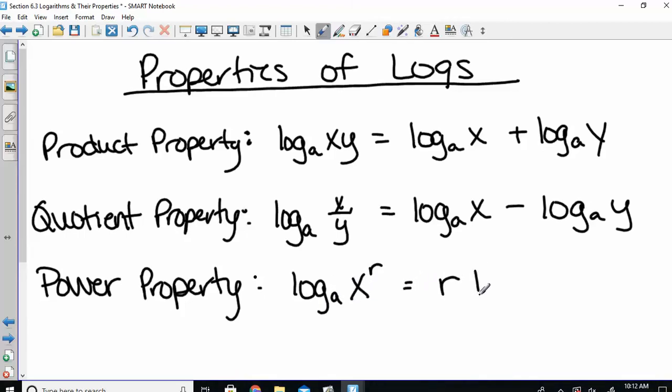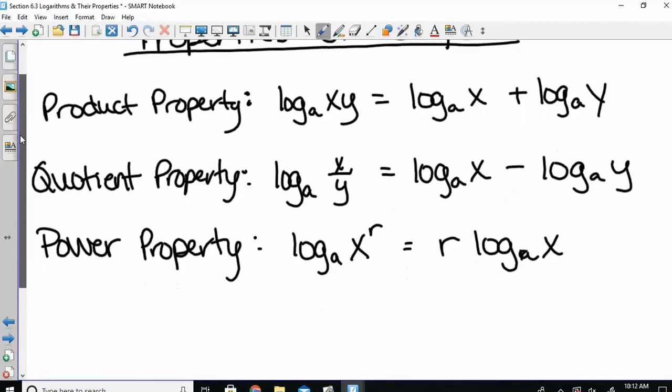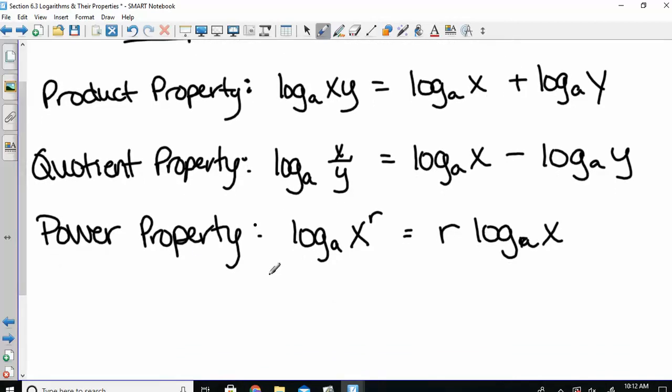The power property says if you have the log of something to a power, you can actually turn that power into a coefficient. What's the r? An exponent. It'll just be some number.